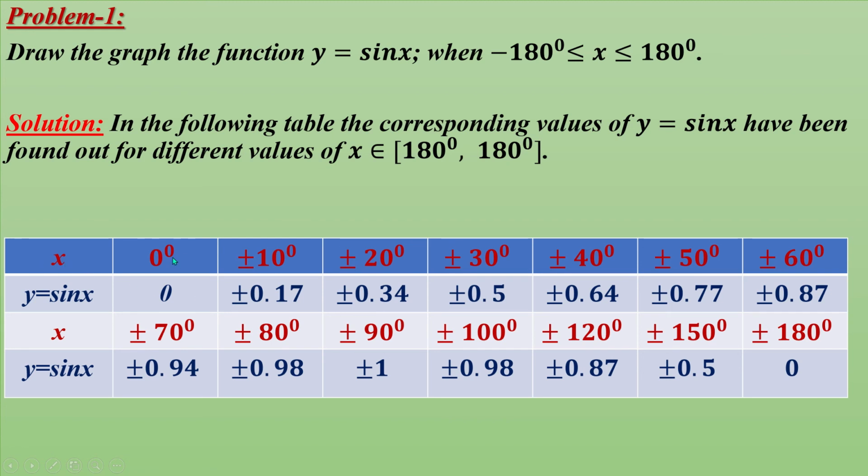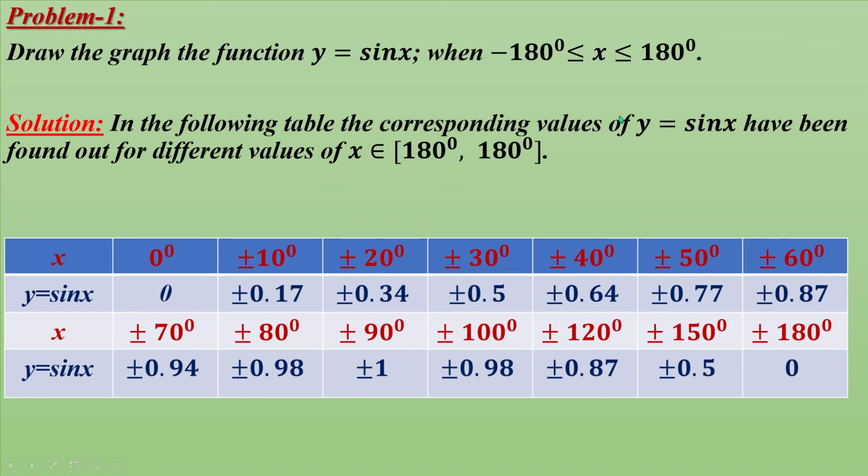Here x is equal to 0. That means sin 0 degrees equals 0. As the given range is in the unit degree, we have to use degrees, but when the unit is given in radians, we have to use radians. Clear? As degree is given here, we have to use degrees. Always remember this.